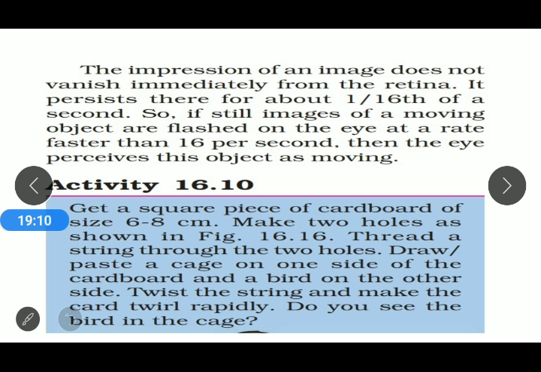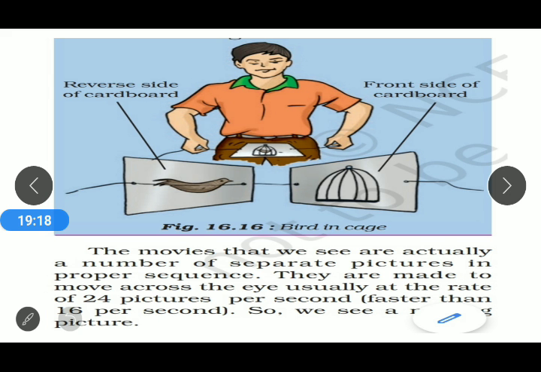So to understand better, we are performing an activity, and that is activity number 16.10. In that activity, we take a cardboard. On that cardboard we make two pictures.